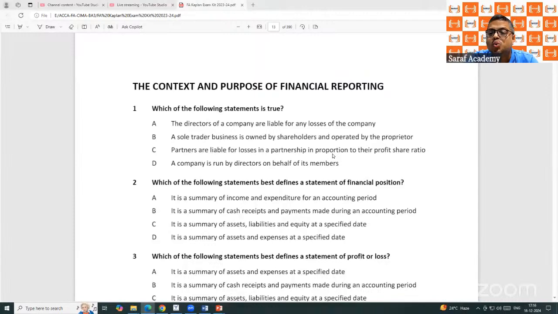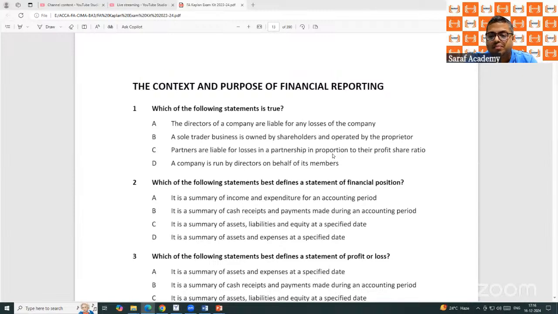For that reason, sole, akela. The shareholder concept is there in the corporates where so many shareholders are there. A sole trader business is owned by the proprietor and operated by the proprietor. A company business is owned by the shareholders and operated by the directors. The directors are appointed by the shareholders as an agent.